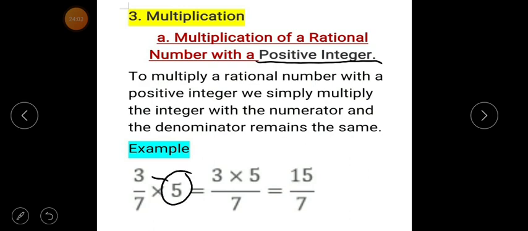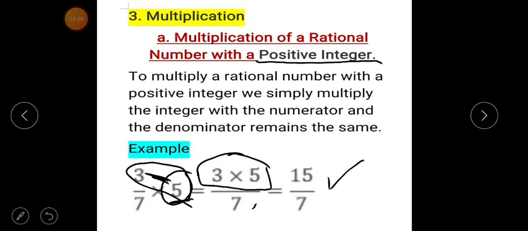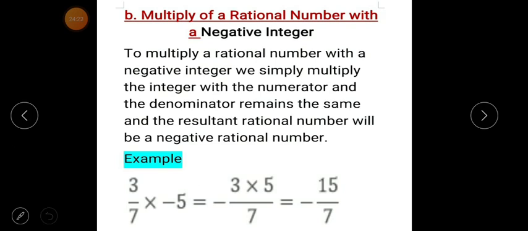Here 3 by 7 multiplied by 5 results in 3 into 5 upon 7, that is 15 upon 7. When we multiply with a negative integer, it's the same. When the integer is negative, we place a negative sign over there.